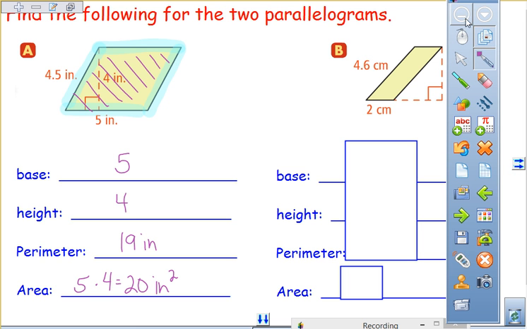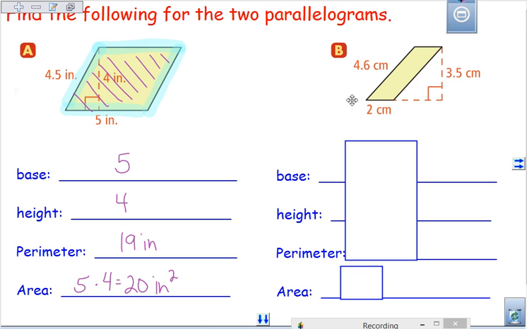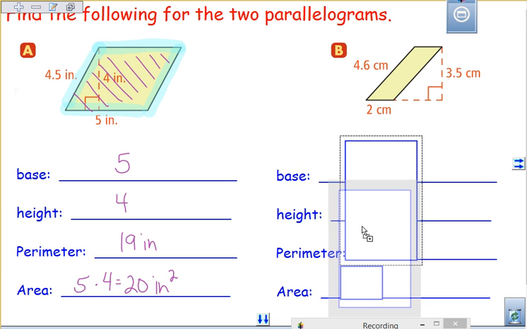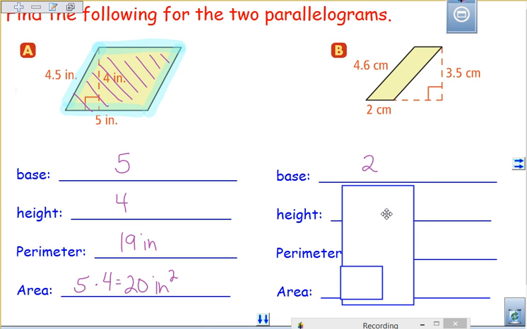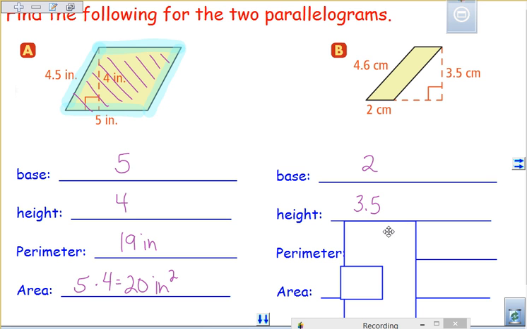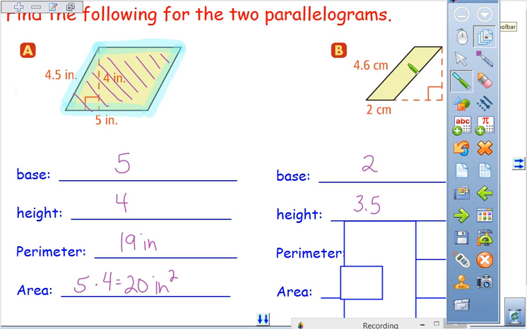In the second example, our base we're going to consider to be the 2, and then the height is the perpendicular number, so that's going to be the 3.5. To find the perimeter, remember we're just going around the object, so 2 and 2, 4.6 and 4.6.